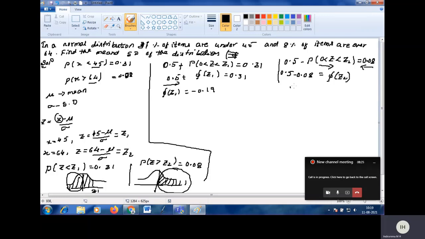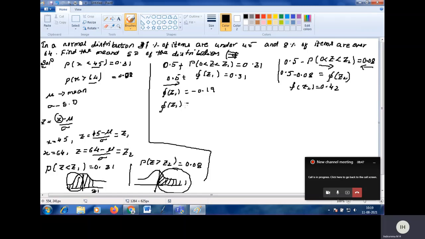Therefore, phi of Z2 is equal to 0.42. Now we have to see the table, to find for what value of Z1 you will get 0.19.